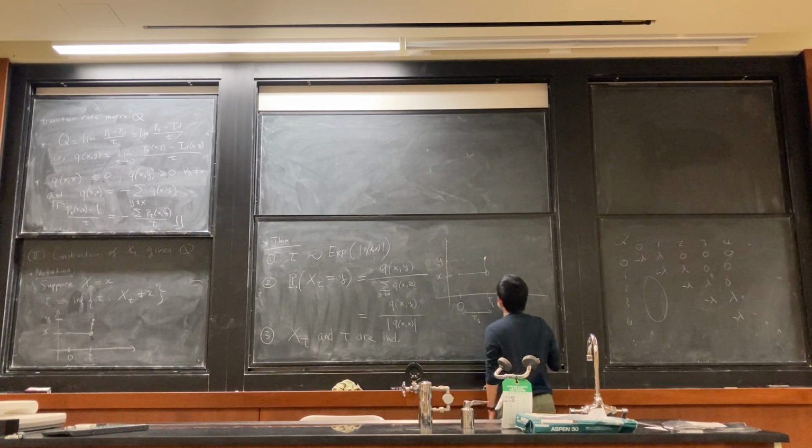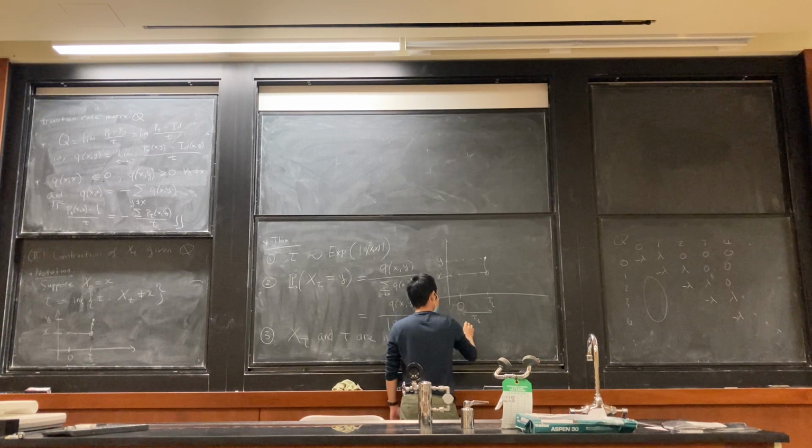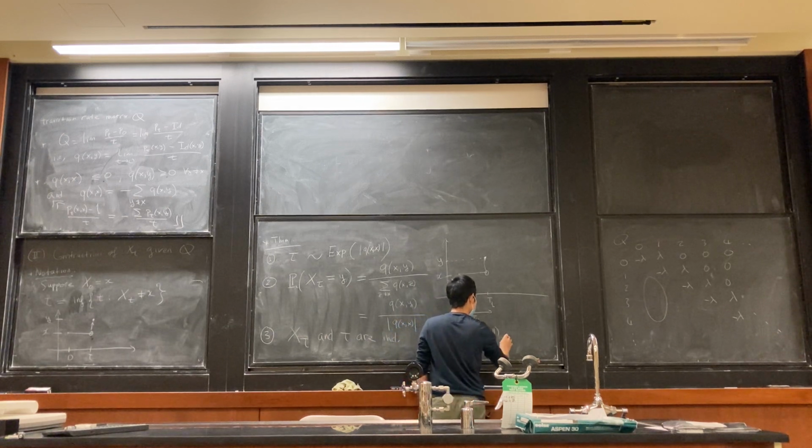So tau_1 is exponential with parameter |Q_xx|, and X at T_1 equals y with probability Q_xy over |Q_xx|.